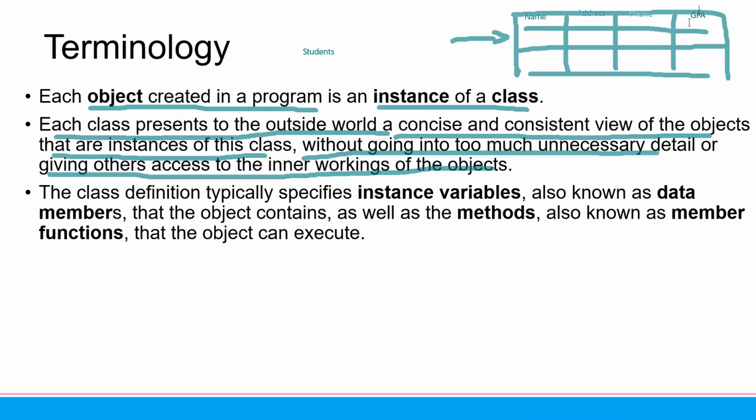In object-oriented programming, we define the class to specify the instance variables. So these are the instance variables: name, address, phone, GPA. We call these data members. And the object contains as well the methods, known as the member functions.